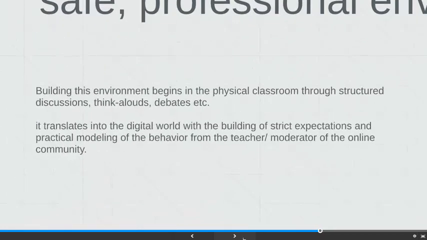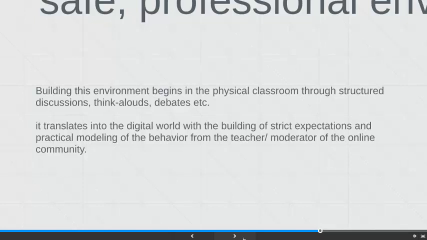What is plagiarism? Building this environment begins in the physical classroom through structured discussion, think alouds, debates, etc. Focusing on issues of privacy, plagiarism, creativity, decency. This might be hard to work into the curriculum, but simple structured discussion and debate with clear rules, starting as young as possible, show the students that the rules of a professional life and being a professional person are not just in the physical world.